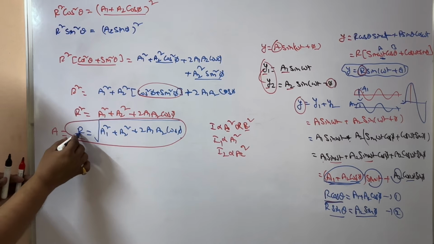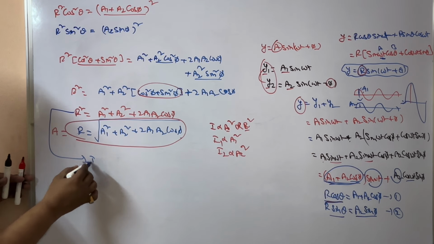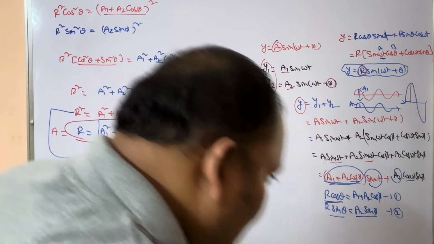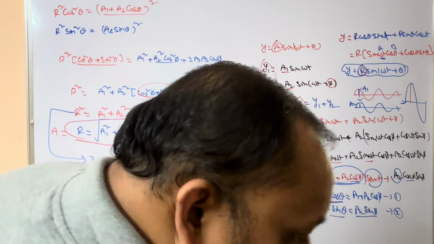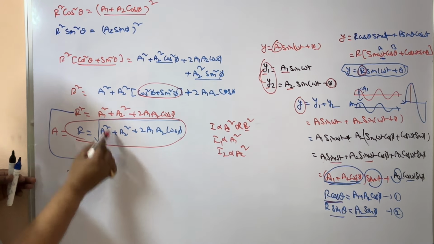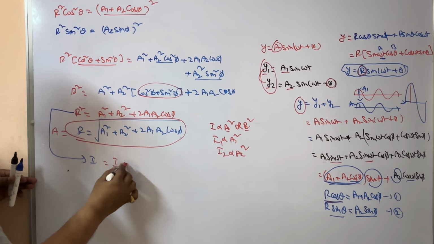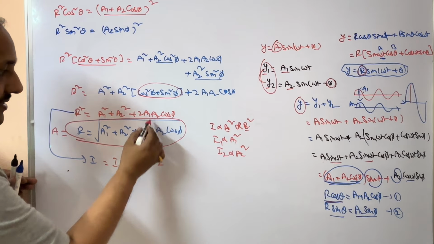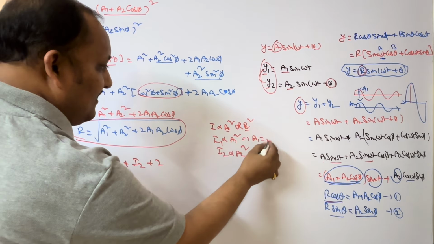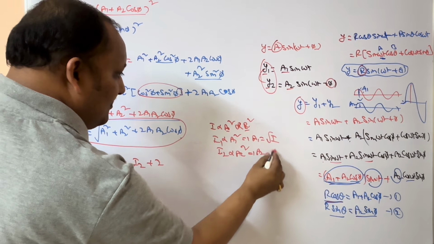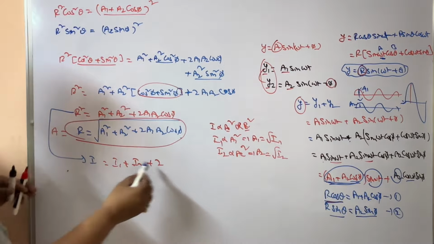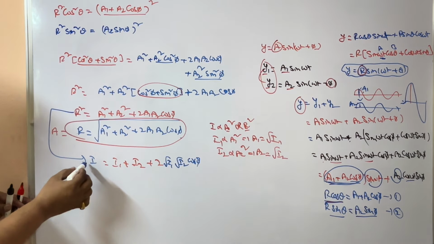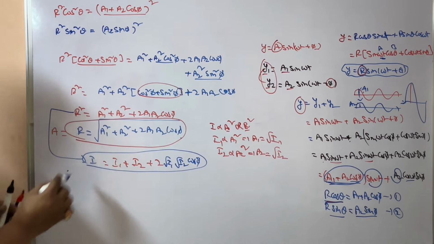Therefore, R square means I equals, you can write equals, I1 plus I2 plus 2. A1 is root I1, A2 is root I2. Therefore, 2 root I1 root I2 cos phi.